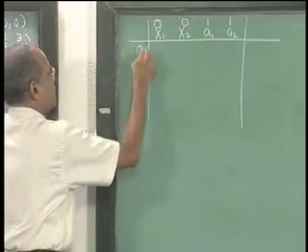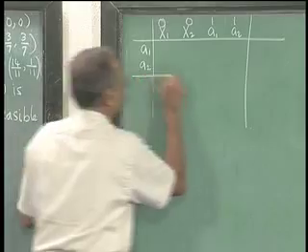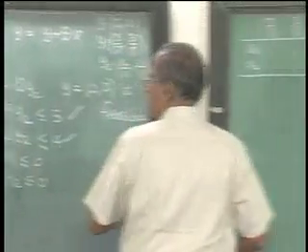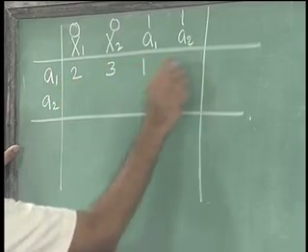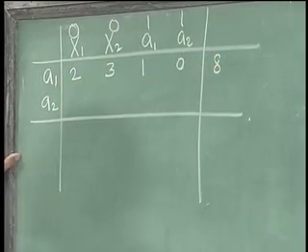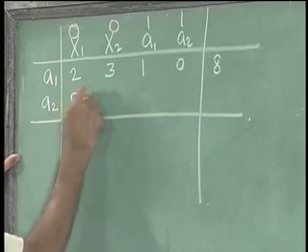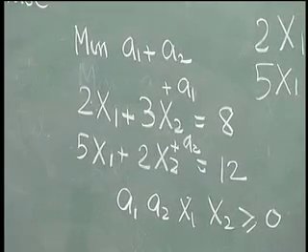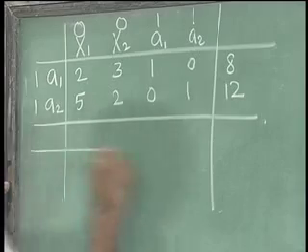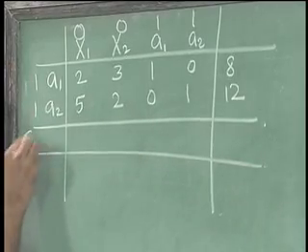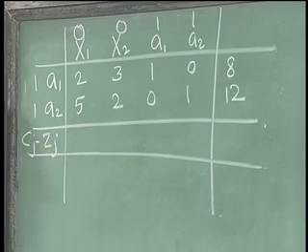So, we start with a1 and a2 as the basic variables. So, 2x1 plus 3x2 plus a1 is equal to 8, 5x1 plus 2x2 plus a2 is equal to 12. We have 1 and 1 here. So, we have Cj minus Zj.